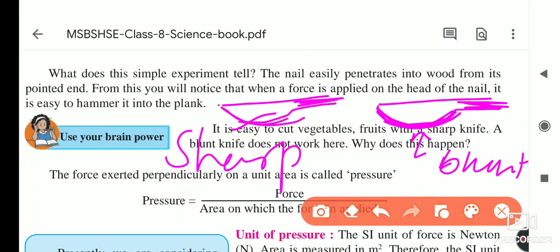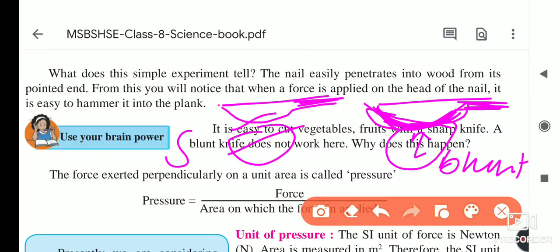If it is sharp, its area is less, and because of that less area, whatever pressure we apply is applied on that vegetable and it cuts easily. But with a blunt one, the area is more, so the pressure distributes, and the cutting may be hard or difficult.